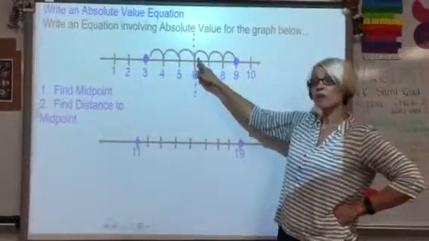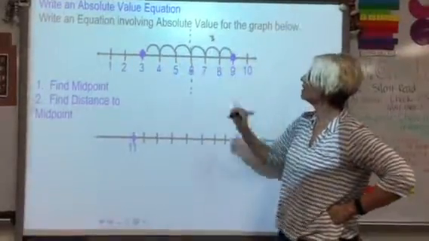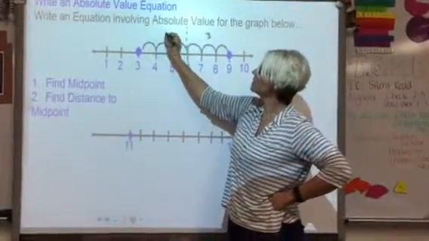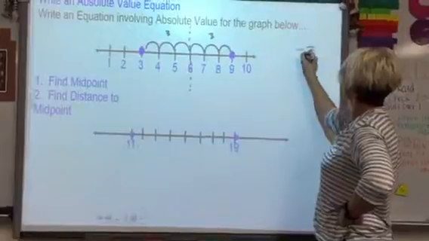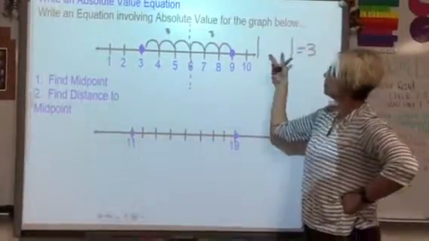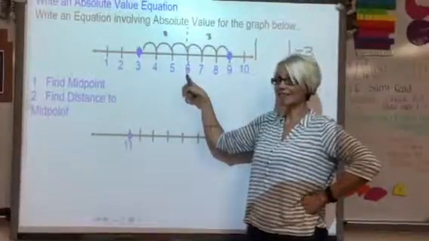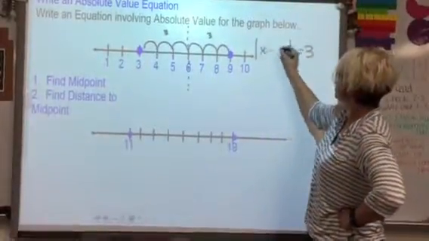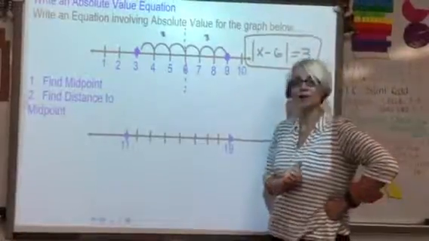How far are we from that midpoint? 1, 2, 3 steps to the right, 1, 2, 3 steps to the left. So this is going to be our absolute value. And then what we put inside here is this midpoint is 6, so we write x minus 6. We have just written an equation from a graph.